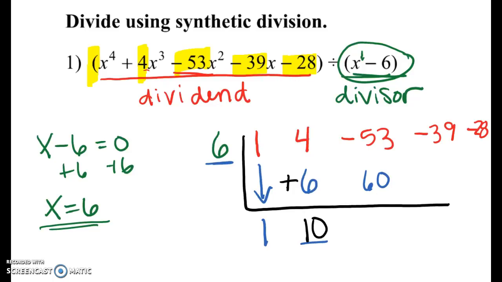Now it keeps repeating. So I've multiplied, so now the next thing would be to add. And I have negative 53 plus 60 gives me a positive 7. Now I have 7, so multiply 7 times 6 is going to give me 42.